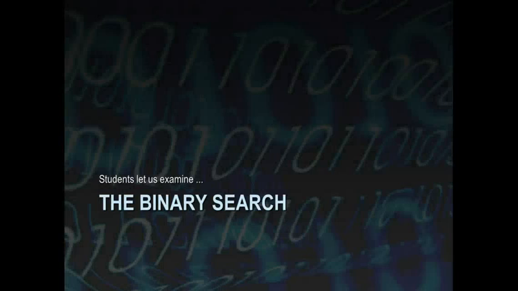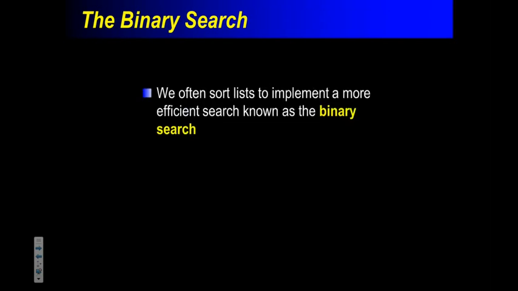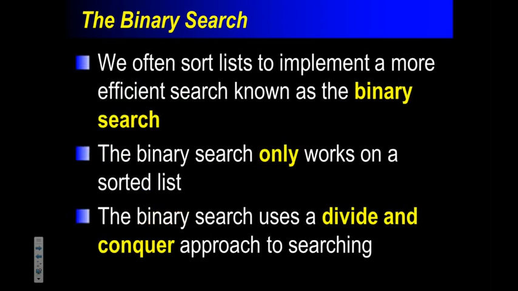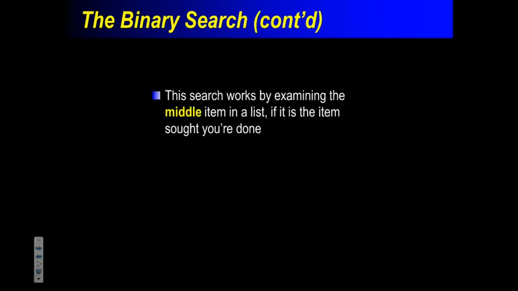So this is in the notes on the binary search. Okay, so the caveat with the binary search is, as I said, it only works on a sorted list, okay, using a divide and conquer technique, okay?